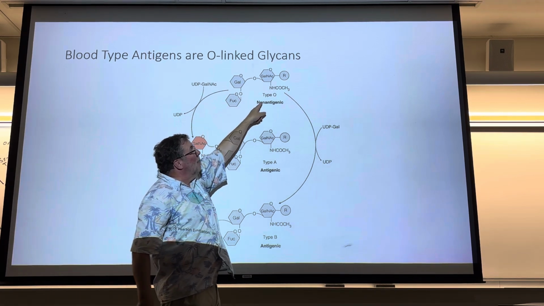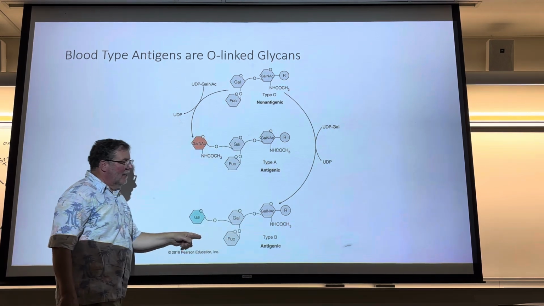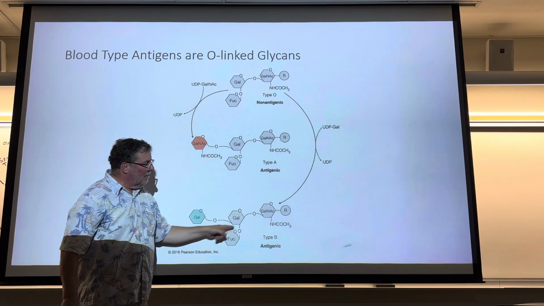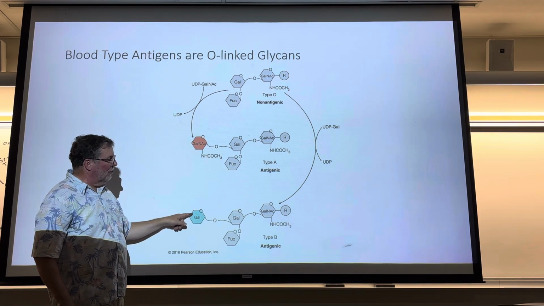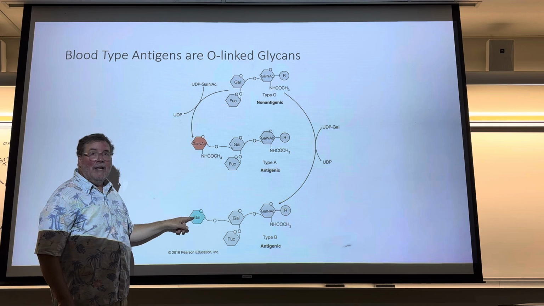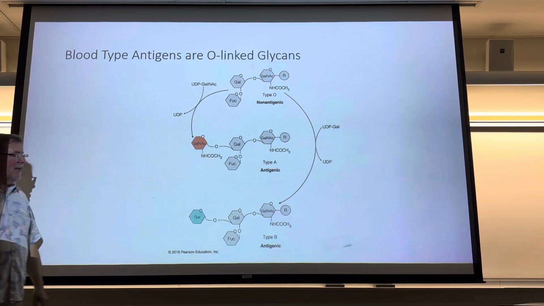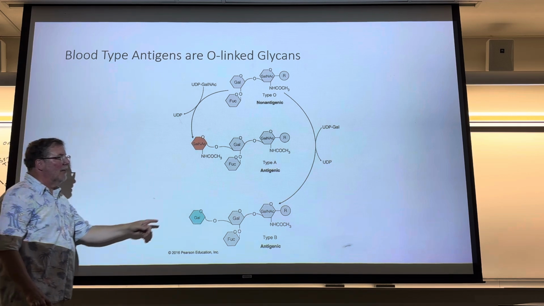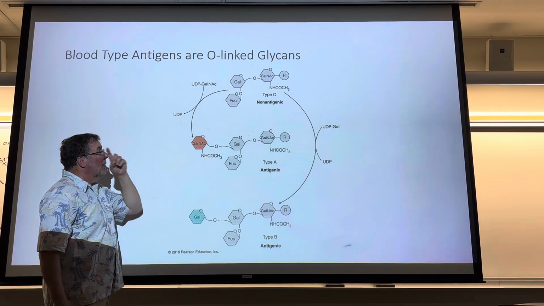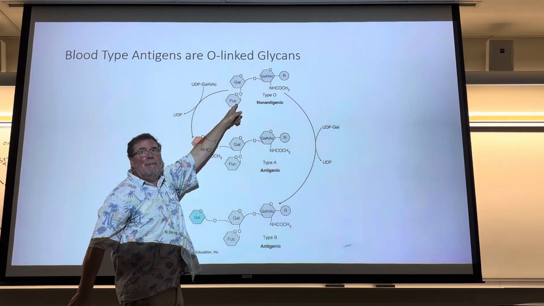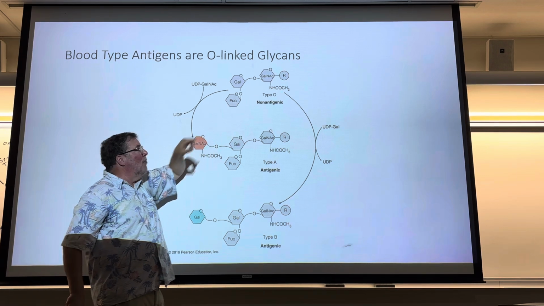Similarly, a type O person cannot get blood from somebody who has this galactose added here, because their body will also recognize it as a foreign protein and generate an antibody. So type O people can only get blood from type O folks.